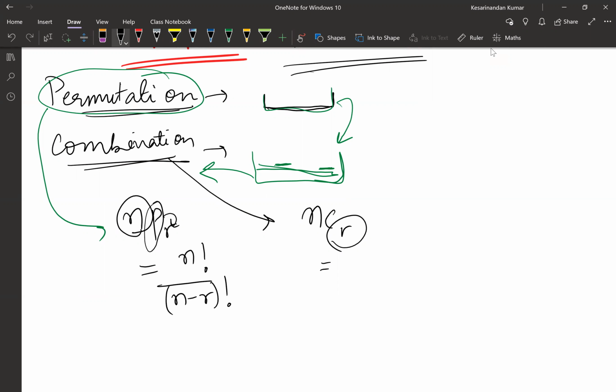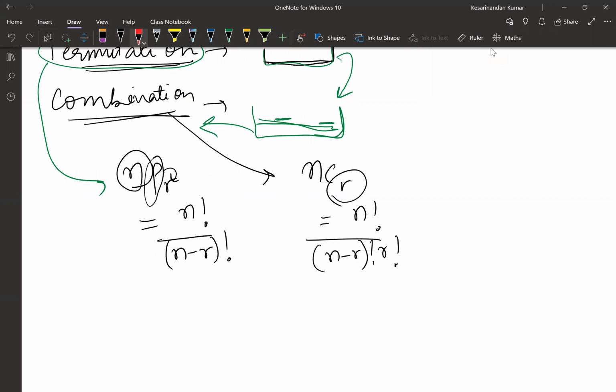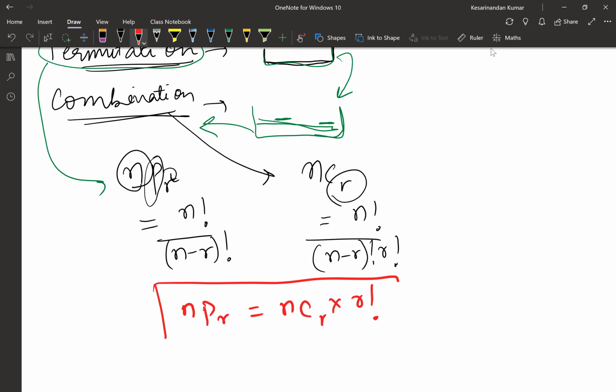And nCr is equal to n factorial upon (n minus r) factorial into r factorial. So by this, you can clearly see that nPr is equal to nCr into r factorial. This is quite a useful one and it comes in handy.